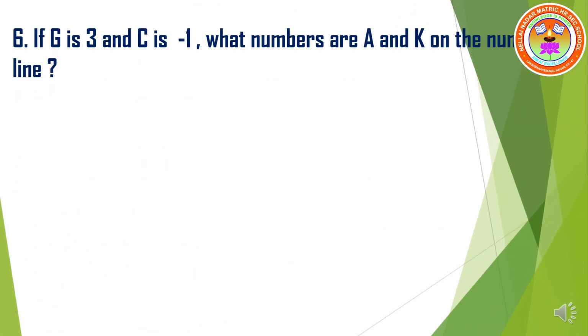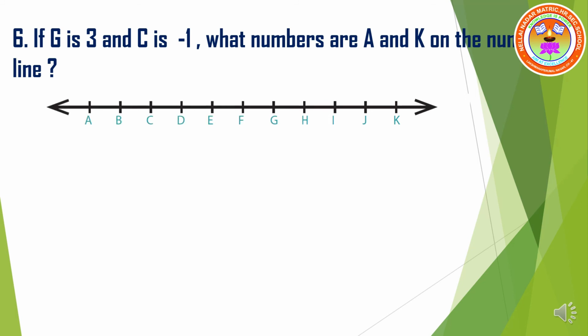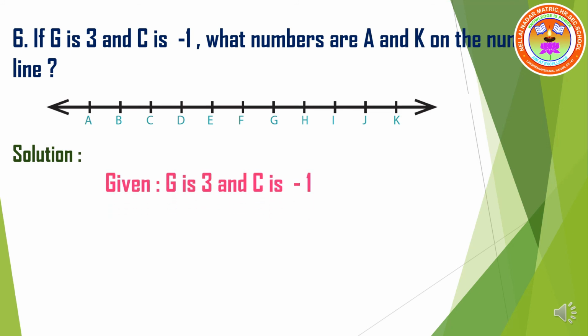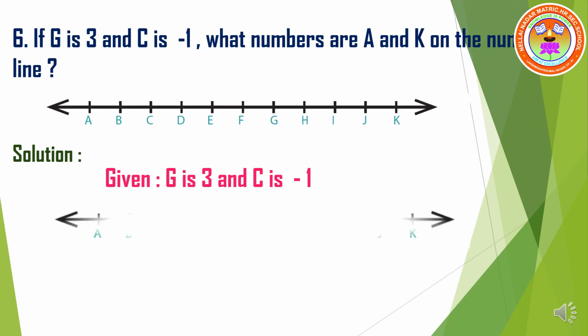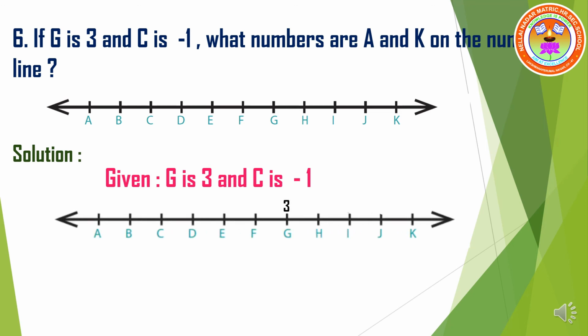Question number 6. If G is 3 and C is -1, what numbers are A and K on the number line? So they have given a number line with alphabets A, B, C, D up to K, and it is given that G is 3 and C is -1. Now let us substitute the values.